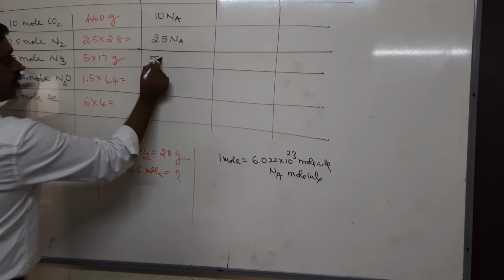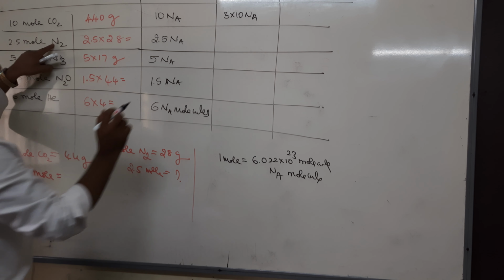Okay. Then if you know the number of molecules, it is easy to calculate atoms, because how do you convert molecules to atoms? Multiply with atomicity. So what is the atomicity in case of CO2? 3. Therefore 3 into 10 into Na. You write this 10 as it is, multiply with atomicity.